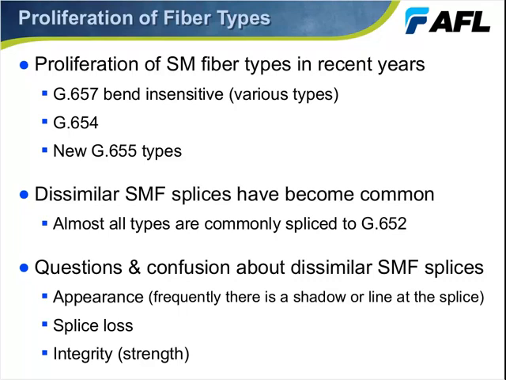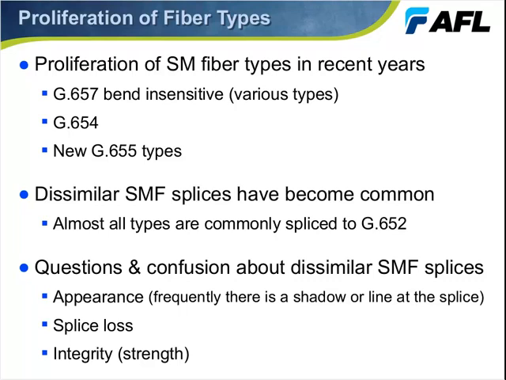And then in the 1990s, we started to see some dispersion shifted fiber, and then the G.655 non-zero dispersion fiber. And so at that point, we started to see some single-mode fiber dissimilar splices. But for most customers, that wasn't an issue, as really only the long-distance companies.